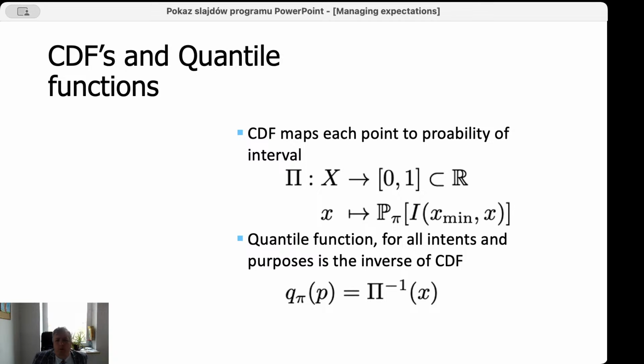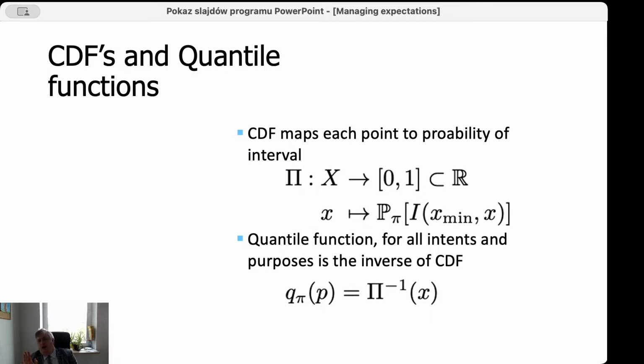As we have seen before with the empirical cumulative distribution function, the actual cumulative distribution function assigns to every number x the probability of events that the value of interest is in that interval. That function easily maps from set x onto a 0-1 interval.